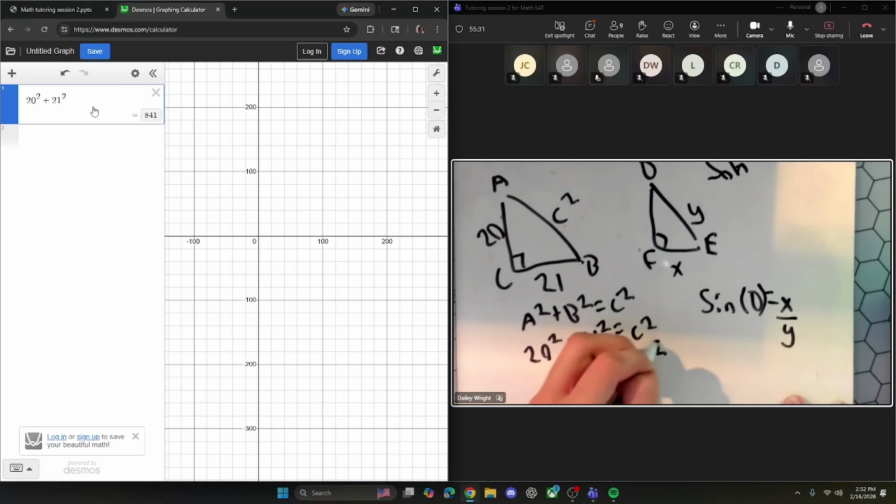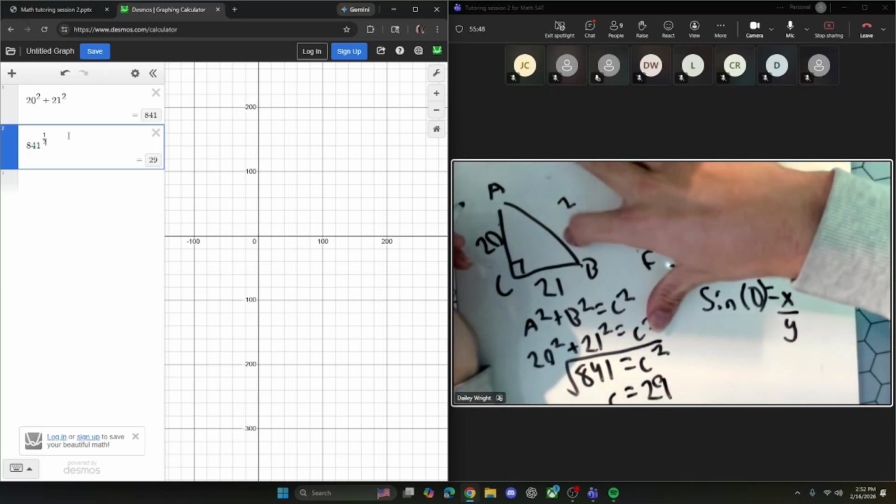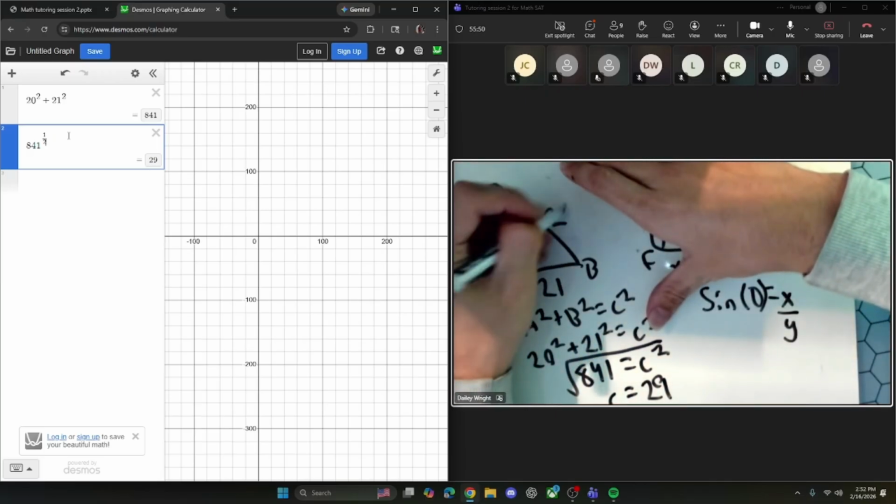Now, I gotta square root everything to find C. C will be 841 to the 1/2, which is 29. So C equals 29. So this is 29.